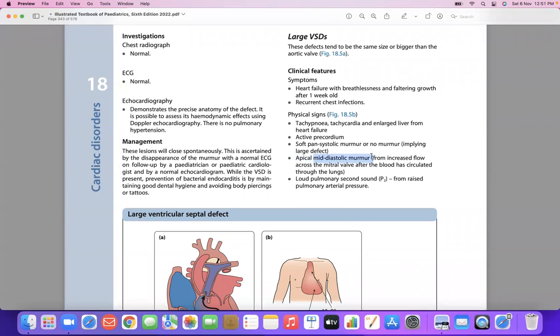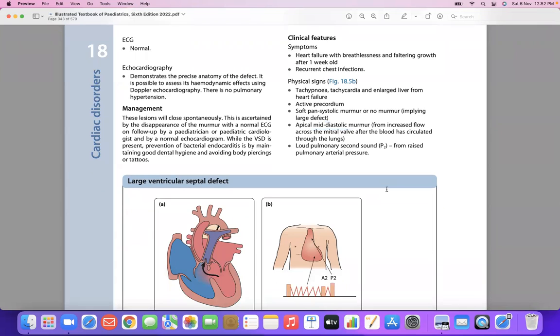As I told you, increased blood is received in the left atrium also. So apical mid-diastolic murmur, due to increased flow across the mitral valve after blood has circulated through the lungs. And also you can have loud pulmonary second heart sound. As the pulmonary hypertension begins, you will hear loud, accentuated P2.